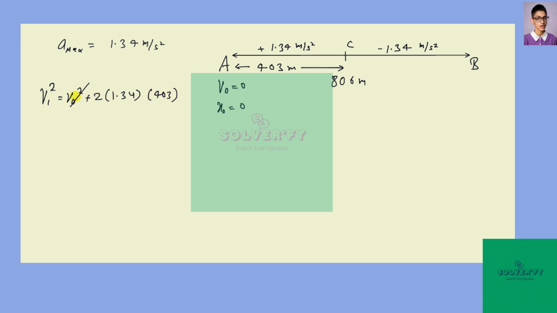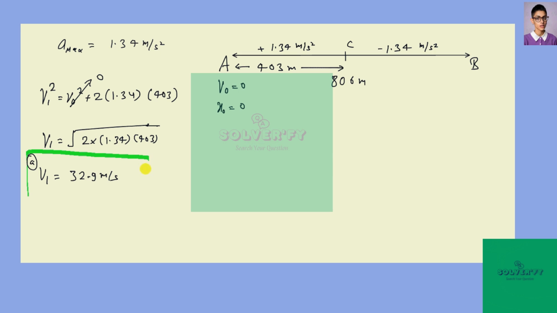V0 is 0, and V1 is the square root of 2 multiplied by 1.34 multiplied by 403. When we solve this, V1 is 32.9 meters per second. So the answer for part A is the maximum velocity, 32.9 meters per second.